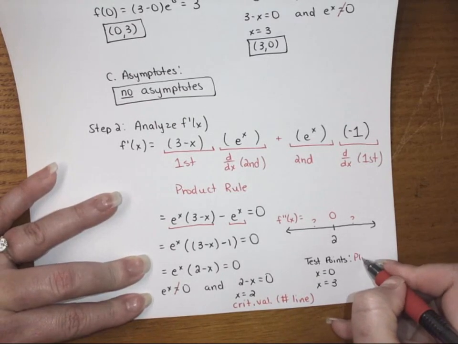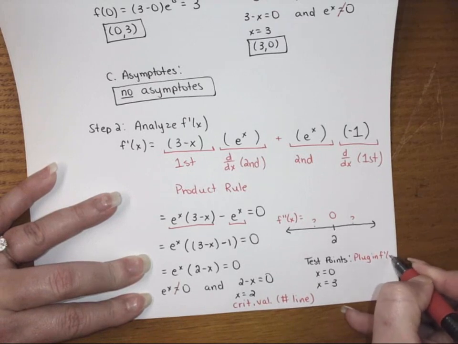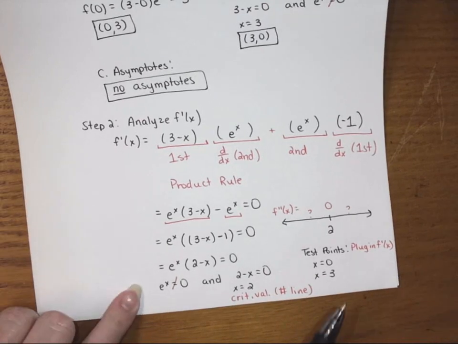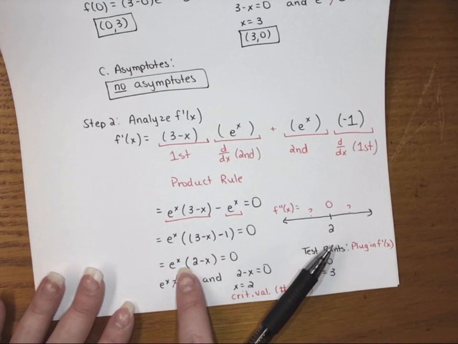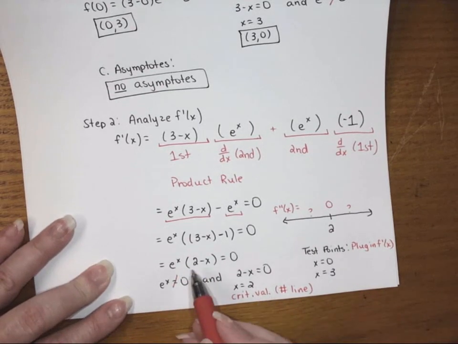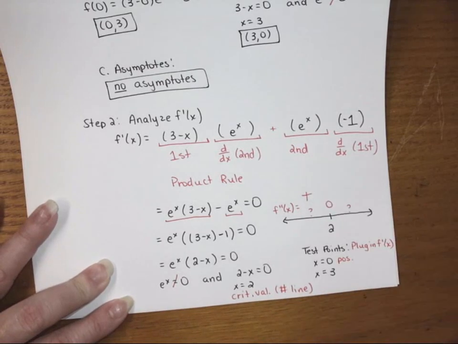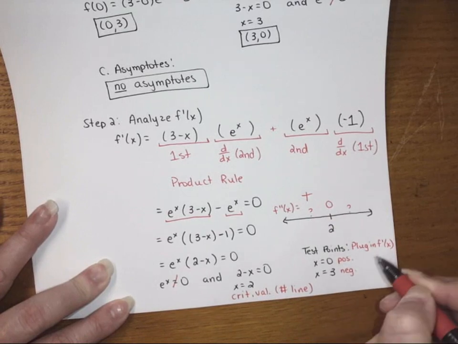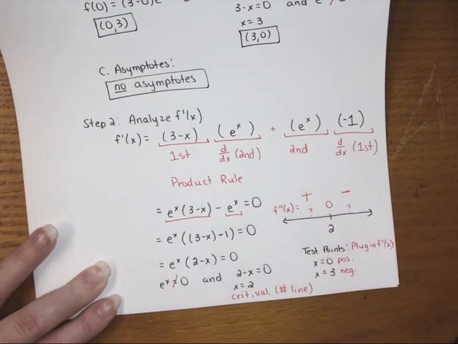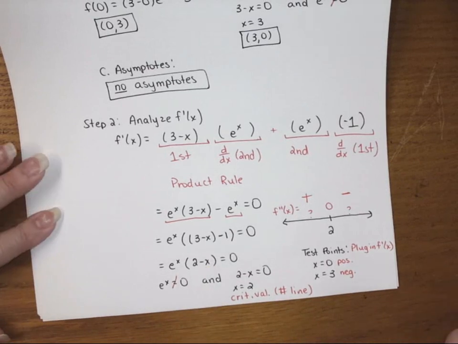For the first derivative sign chart, you plug these into the first derivative. Probably all you need to do is determine whether you get a positive or negative result. If you plug in 0, you get a positive result, so we'll put a plus sign here. If you plug in 3, you get a negative result, so we'll put a minus sign here. Notice 2 minus 3 would be negative. That's why we get a negative there.